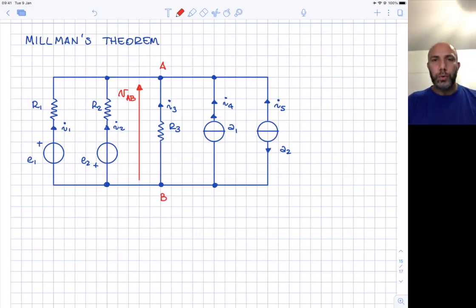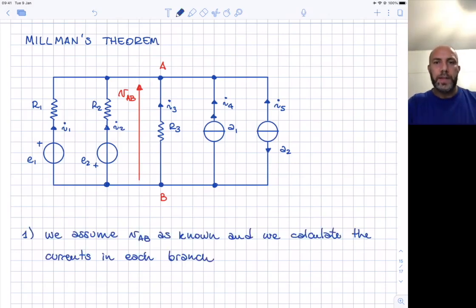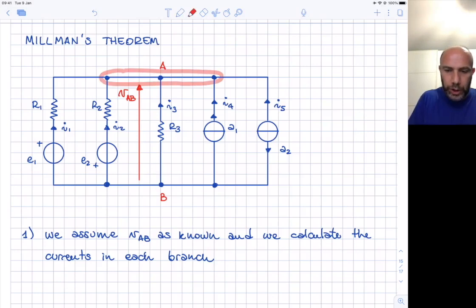In order to prove how the formula of Millman is derived, we have to apply a two-step procedure. In the first step, we assume the voltage VAB as known, and we calculate the currents in each branch. For the currents, we assume the same convention, and this convention is that they are all going inside the node A, where the node A is all the part of the circuit that shares the top potential.